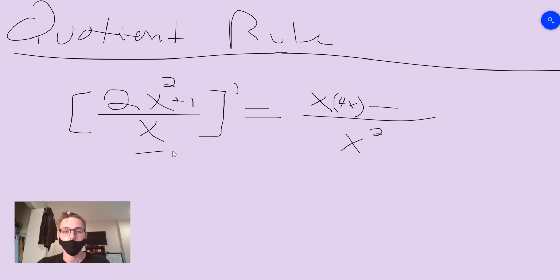The derivative of just x is 1. So I'm just going to leave that blank because it's just 1 times the top here, which is 2x squared plus 1.